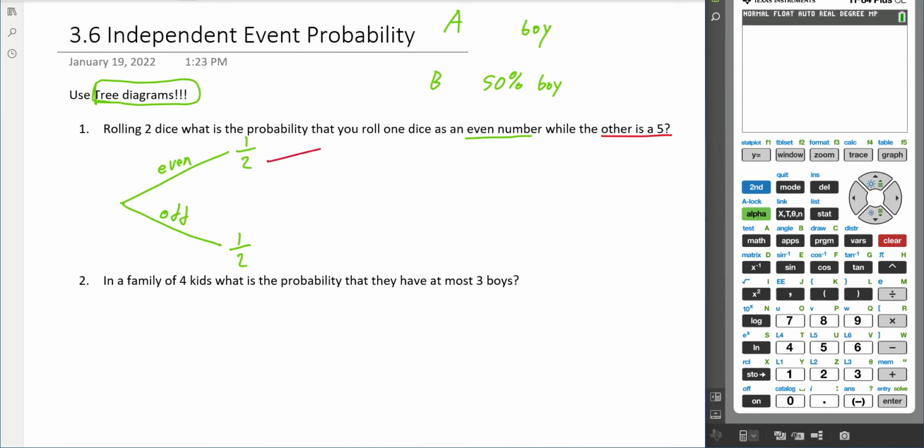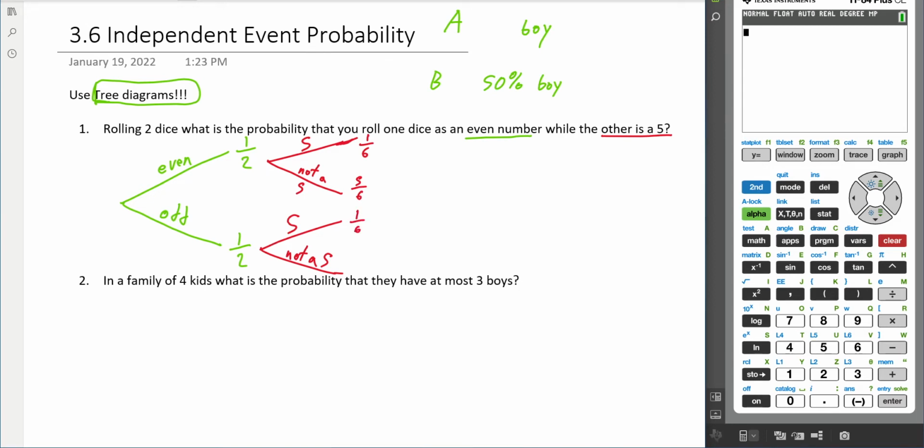Next, we ask the probability of rolling a 5, and the second part is not a 5. So the probability of a 5 is 1 over 6, and not a 5 is 5 over 6.